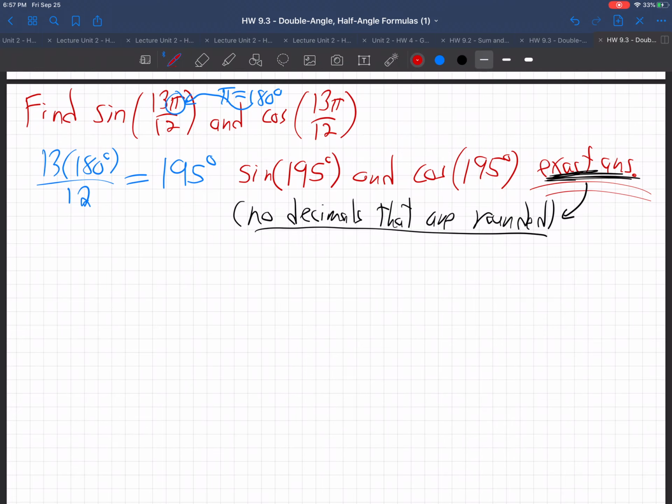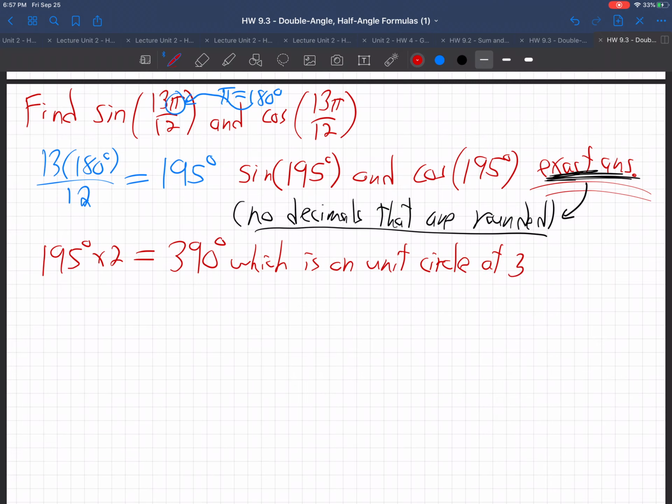Well, the trick is we've got to take the 195 degrees and multiply it by 2. If you do, you'll get 390 degrees, which is on the unit circle at 30 degrees. Because 390 is all the way around, 360, plus 30, isn't it?